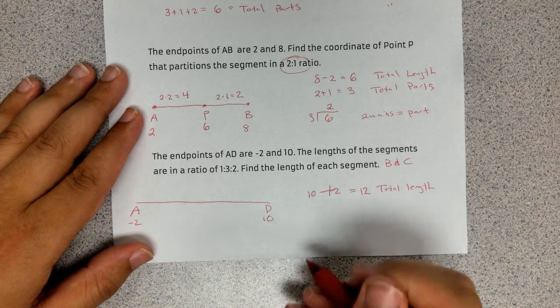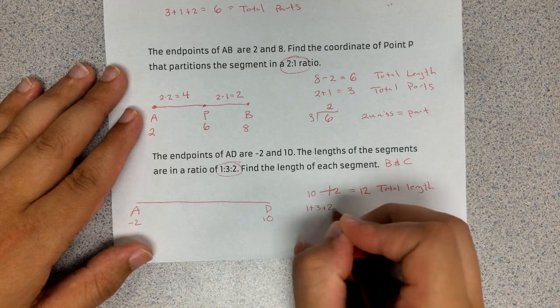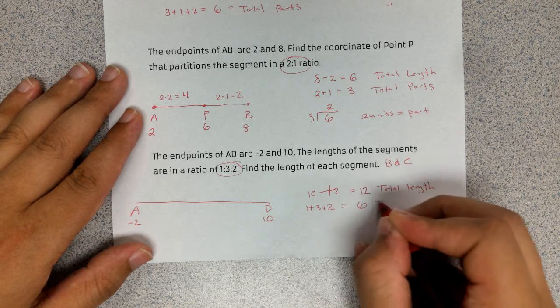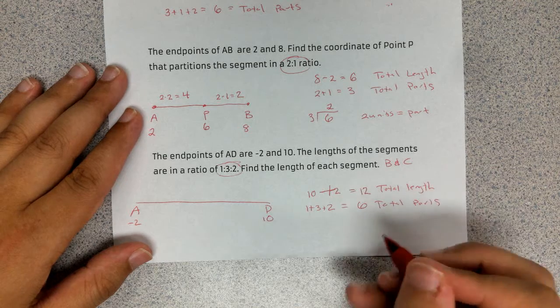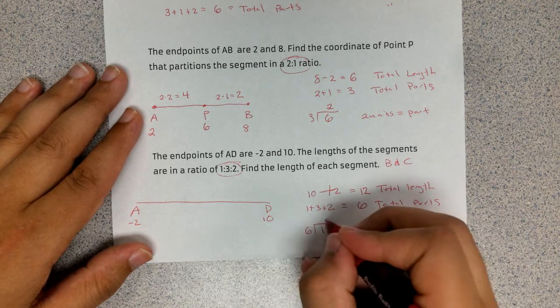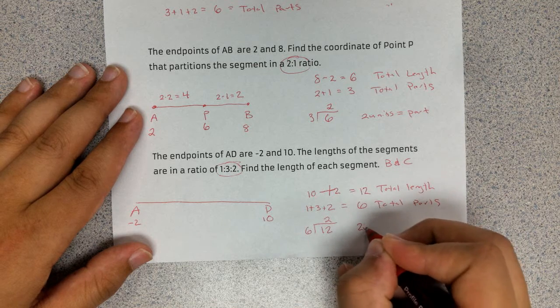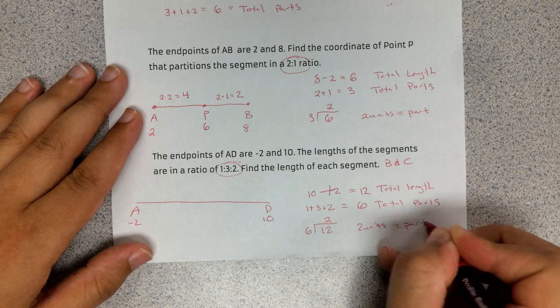Then we need to find our ratio parts, so I have 1 plus 3 plus 2, which is equal to 6 total parts. Therefore we take our total length and divide by the total parts, and we end up getting 2. So we have 2 units per part.